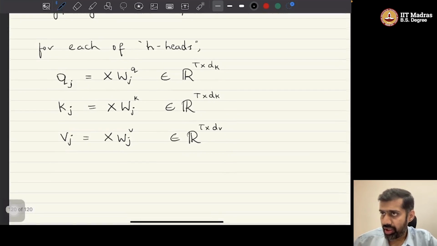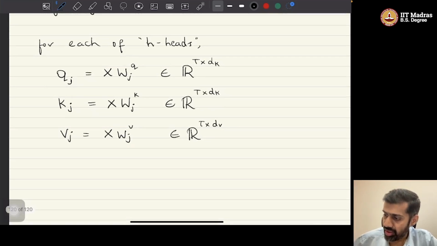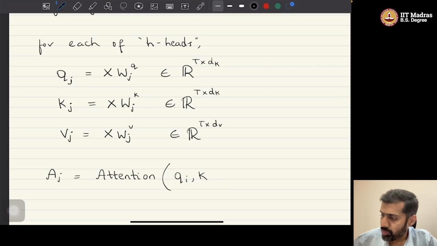Now I compute the attention per head. Compute the attention for every head as follows: attention of Q_j, K_j, and V_j. This is the attention that I have computed for the jth head.